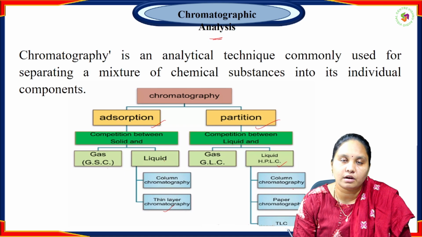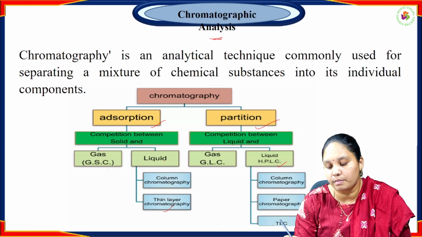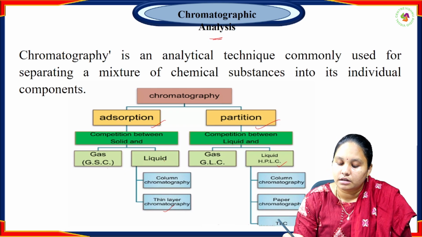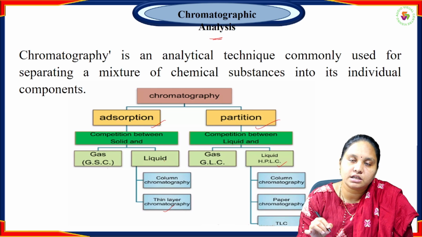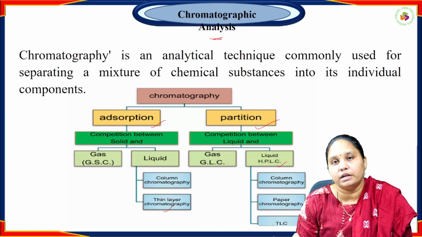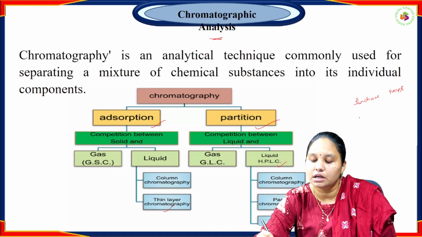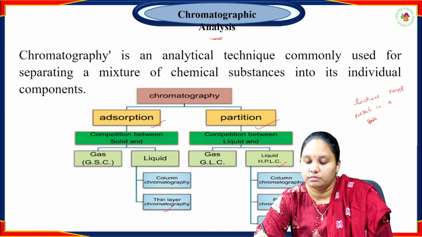In column chromatography, we can separate a liquid in a liquid sample, and likewise in paper chromatography, liquid in a liquid, and thin layer chromatography. By using these different methods, we can separate the components and find out the functional groups present in a synthesis phase.